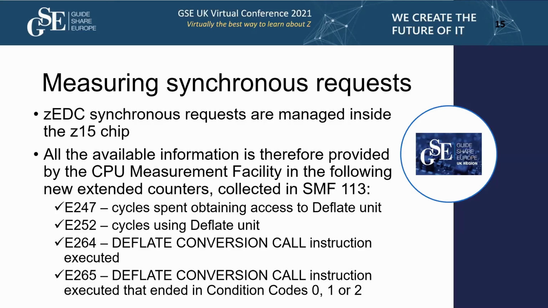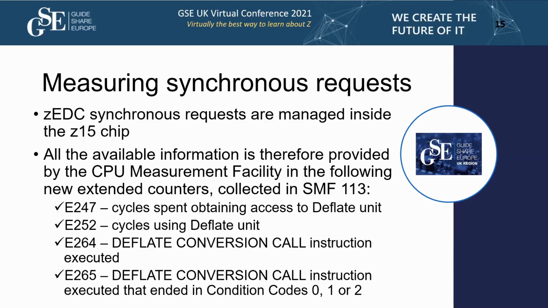You can see here we have the counter E247, which counts the cycles that are spent to access the deflate unit. This is an important point because these are synchronous requests, so the CPU is spinning while waiting for the accelerator to process the compression and decompression request.